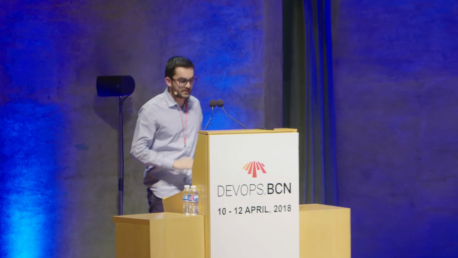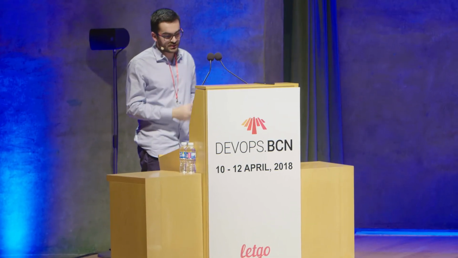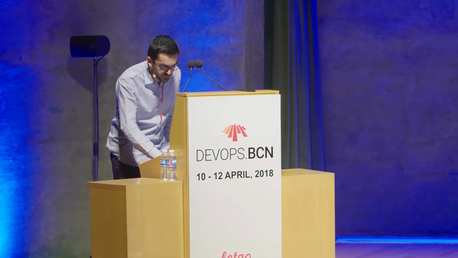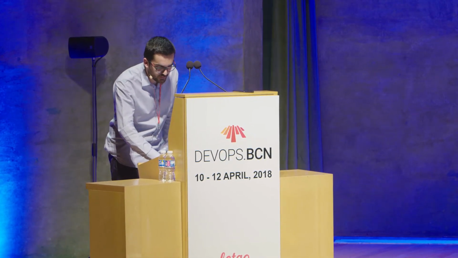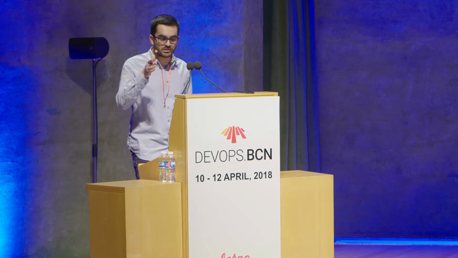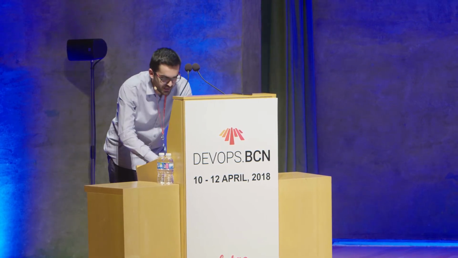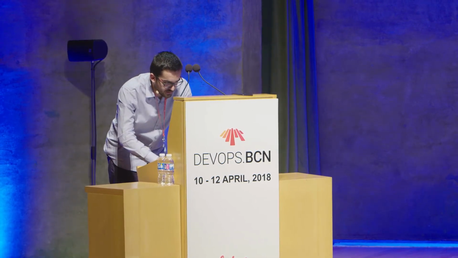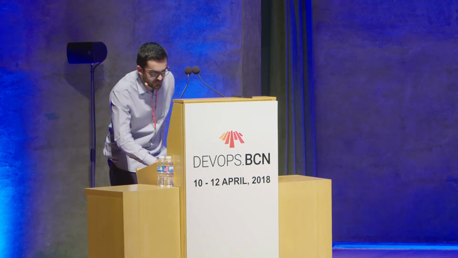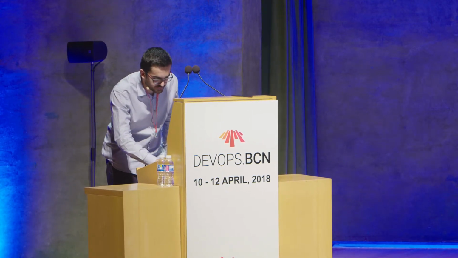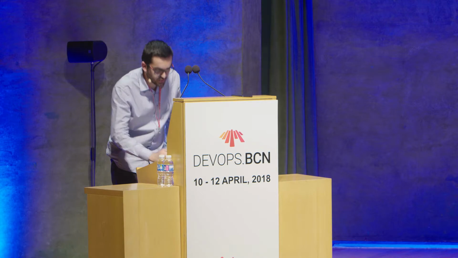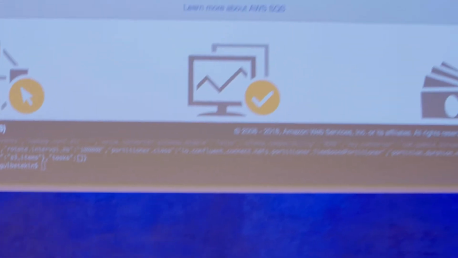I will be reading different topics from my Kafka, which are item sold and item visited, and some others, and the path format in S3 is going to be year, month, day, and hour. In SQS, it's exactly the same, but I'm reading from a source queue, which is DevOps Barcelona-Kafka, which is my SQS.